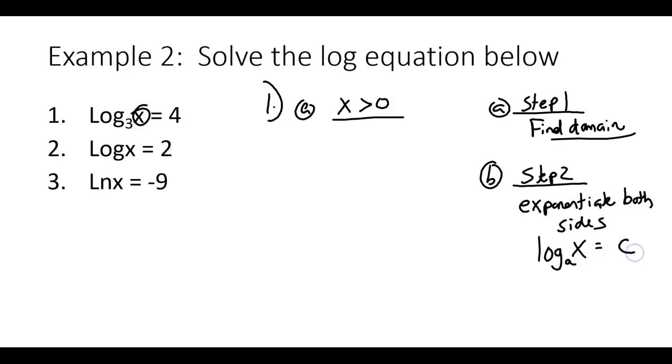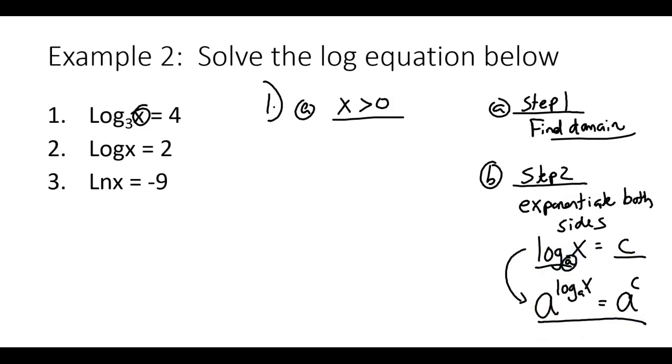We'll call it c. To exponentiate both sides means we're going to write both of these sides of the equation as a power of this base. So that would look like this. All I did was make each of these sides a power of the base that's right there.